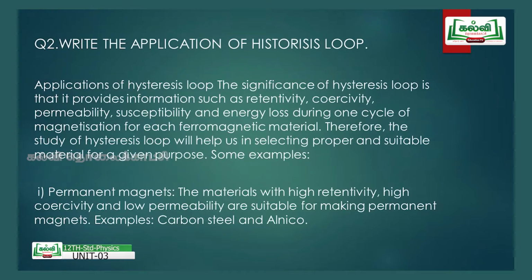The next one is: write the applications of the hysteresis loop. We have seen hysteresis in our 2-mark discussion. The meaning of hysteresis is lagging behind, and from the study of hysteresis we get many details, that is, information about the magnetic material we are studying. The properties we get from hysteresis are coercivity, retentivity, permeability, susceptibility, and energy loss during one cycle of magnetization for each ferromagnetic material.